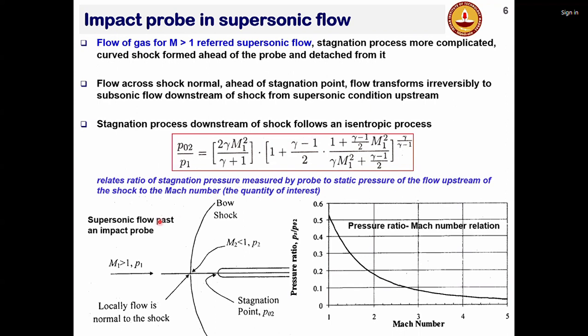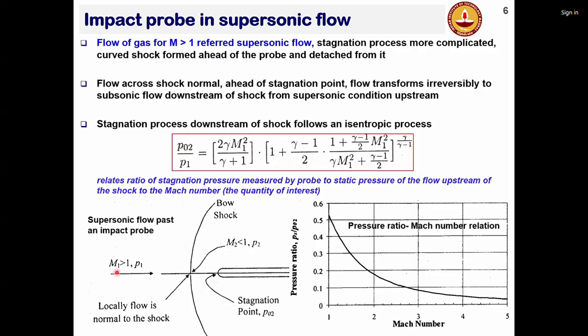Now, in case of Mach number greater than 1, in front of a pitot tube or any other kind of instrument, your shock wave is in the form of a bow, and that is why it is known as bow shock. So what happens across the shape?